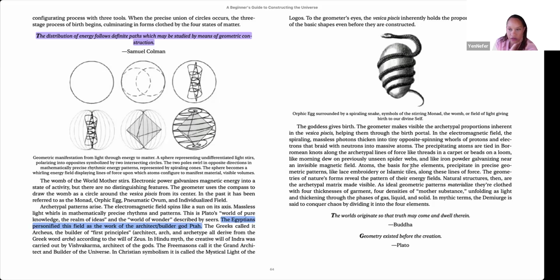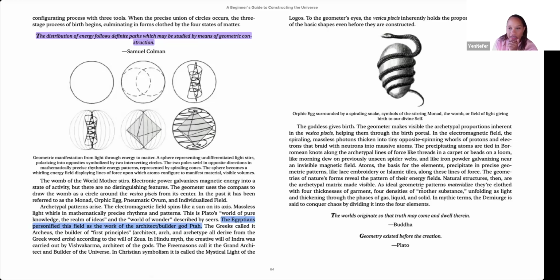Atoms, the basis for the elements, precipitate in precise geometric patterns like lace embroidery or Islamic tiles, along these lines of force. The geometries of nature's forms reveal the pattern of their energy fields. Natural structures, then, are the archetypal matrix made visible.